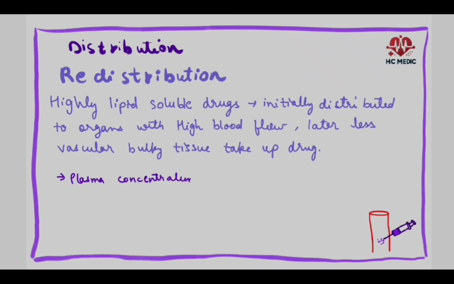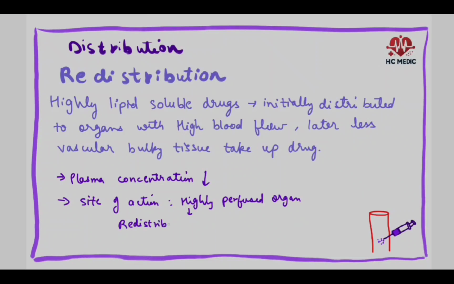So that is a disadvantage of the highly lipid soluble drugs, and their plasma concentration decreases. When the site of action is a highly perfused organ, redistribution leads to termination of the action of the drug, as we discussed.